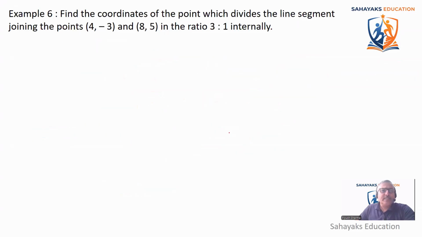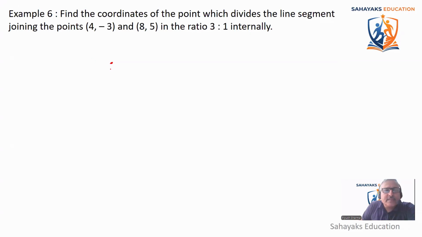Okay, so coming to the next question. Find the coordinates of the point which divides the line segment joining these 2 points in the ratio 3:1. Now, they want us to find that point which is dividing it in that ratio.